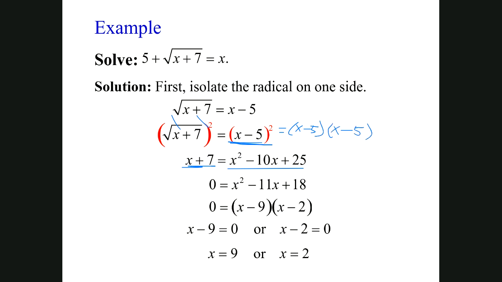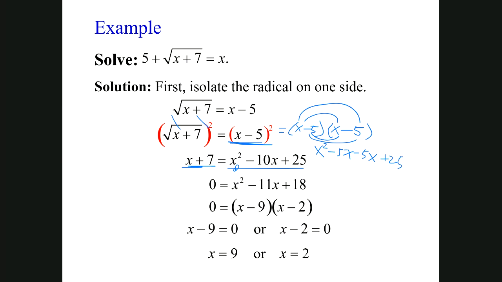Doing the FOIL, x times x gives you an x squared. Then x times negative 5 gives you minus 5x, and then this is another minus 5x, and the negative times negative becomes positive 25.